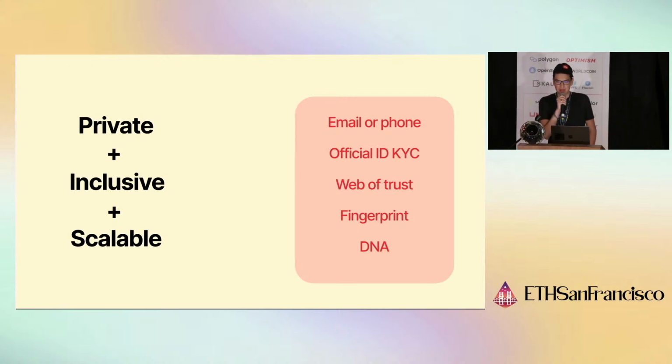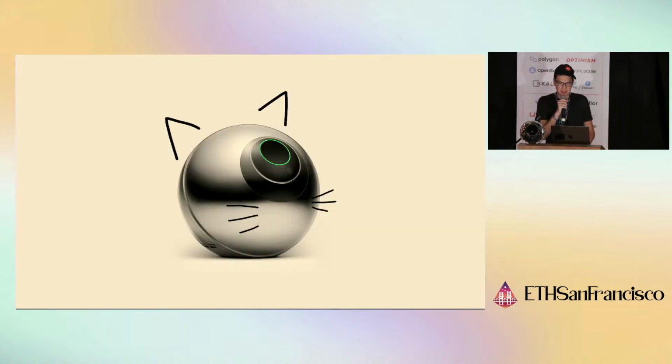So that was something we couldn't work with. And of course, DNA is logistically too complex and not very private. So that's why we decided to go with the iris, and we created this little device called the orb.